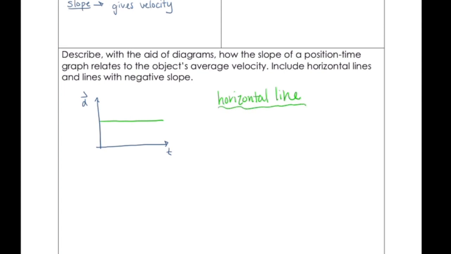Okay, this just means that the object is stopped. Okay, and so if we look, the slope is 0, which means that our velocity is 0, which makes sense because we're stopped.